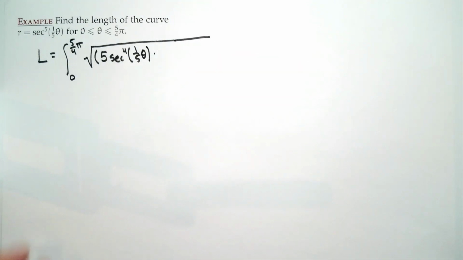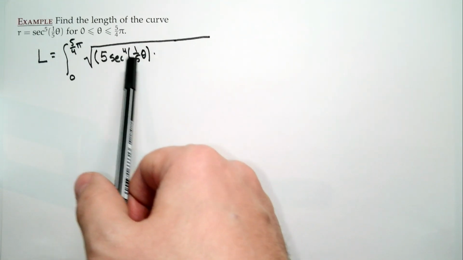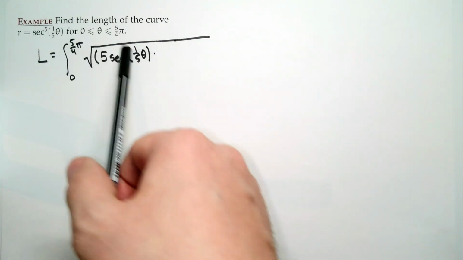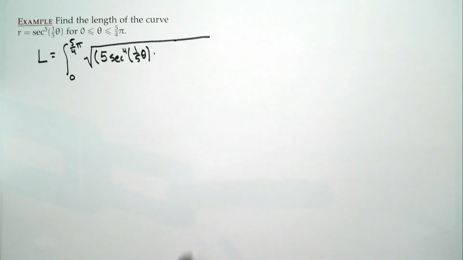Ooh, close. All right, it is indeed. We have had a suggestion. 5 comes down, secant to the fourth, 1/5 theta. And there was a 1/5. There will be a 1/5, but there's something in the interim that has to go before that 1/5. So what's the inside function?